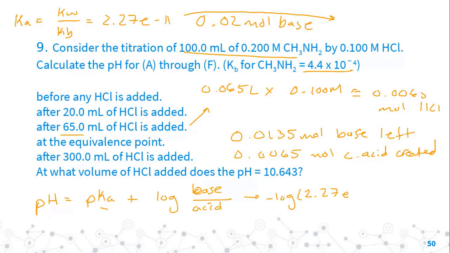To 7 e to the negative 11 plus log of the base over the acid. Just like that. Can you guys tell me what you ended up getting?